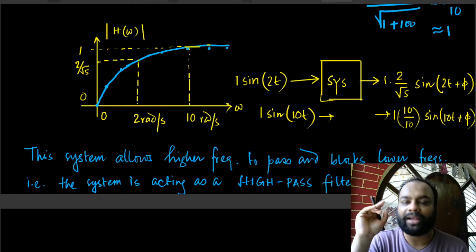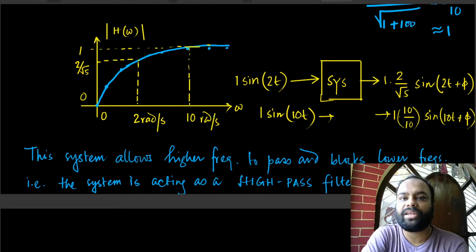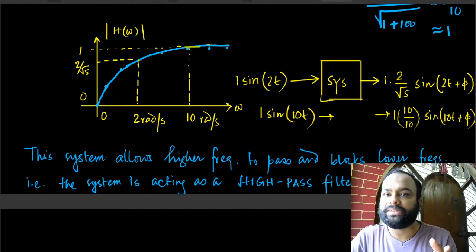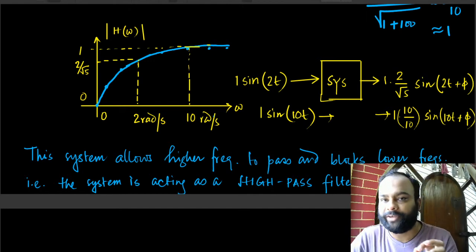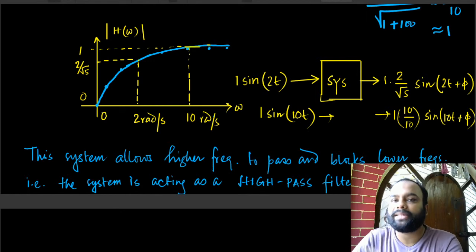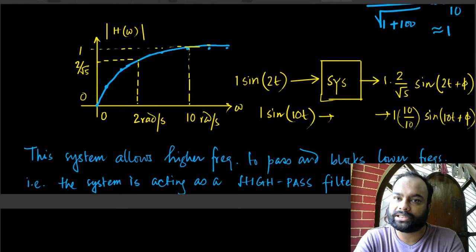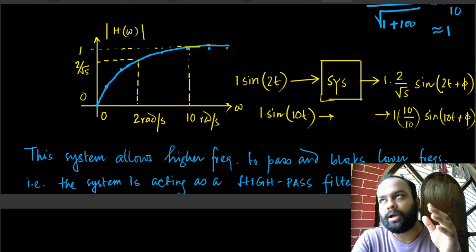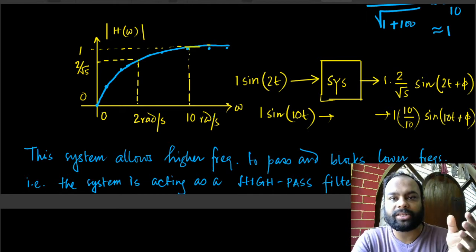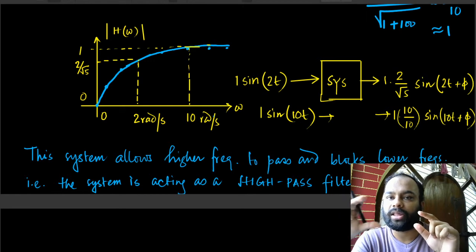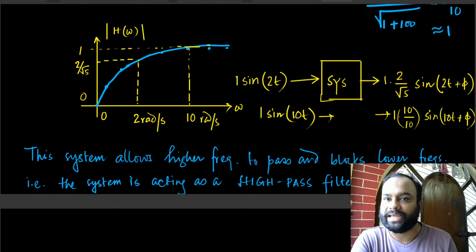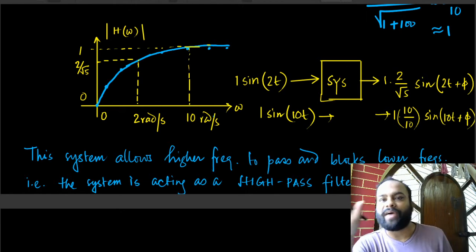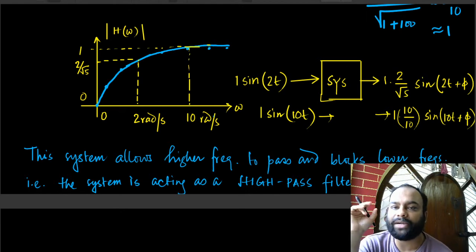Only how the system behaves with different frequencies, the nature will remain the same, but the exact values will differ. The system will remain a low pass filter, the system will remain a high pass filter, and as such. But the exact value of the amplitude response and the exact value of the phase response will change. The exact values will change, but the nature will remain the same.